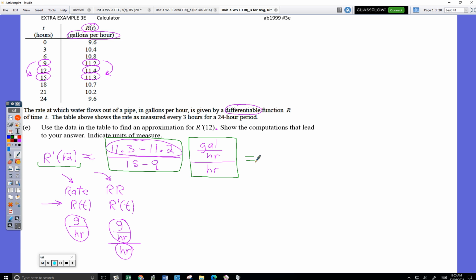If you did this for Charlie, you'd get full credit, but I don't recommend it because you don't have to. Even on the AP test, you can stop right here and receive full credit. So you don't want to keep going because it just takes a little bit of extra time.